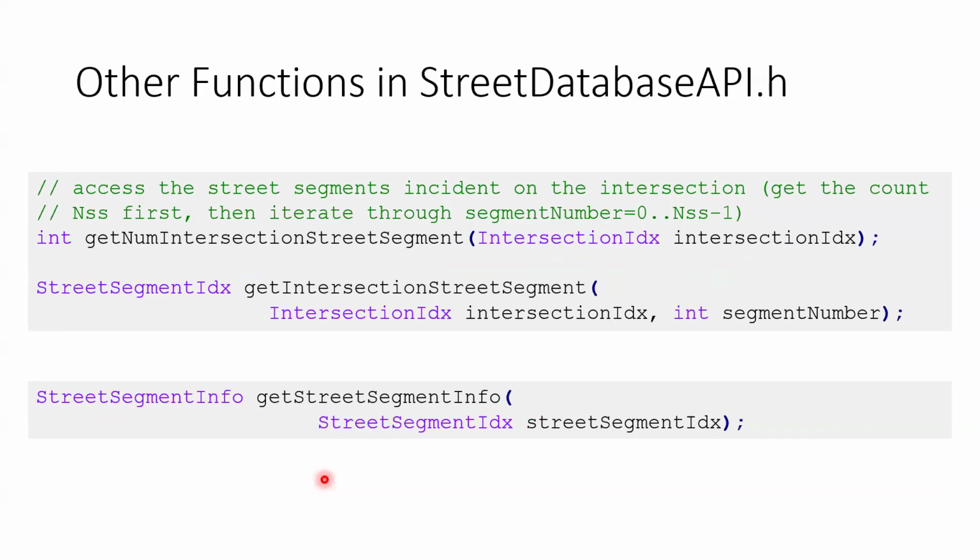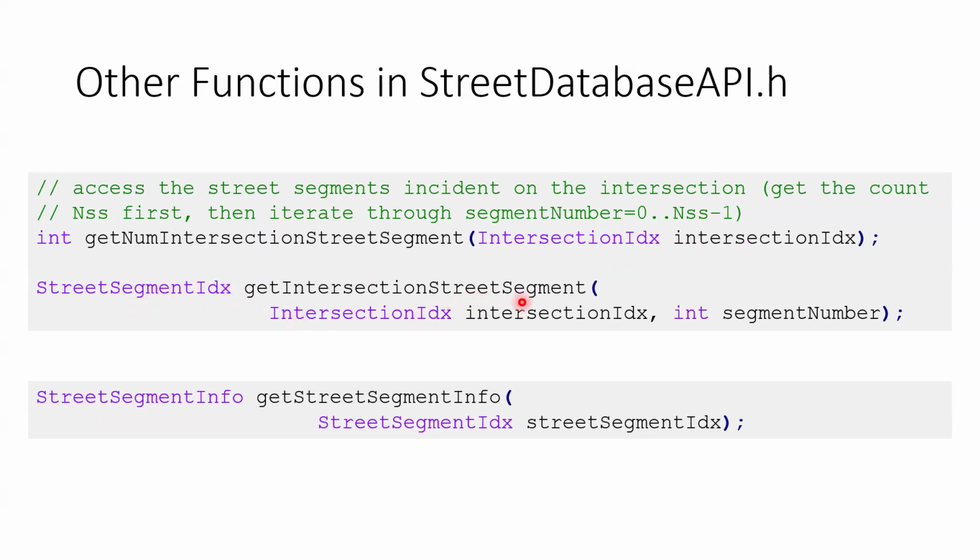We have some other functions in streets database API.h that could be useful for what we're looking for. Get num intersection street segments, given the intersection ID, gets the number of street segments connected to the intersection.